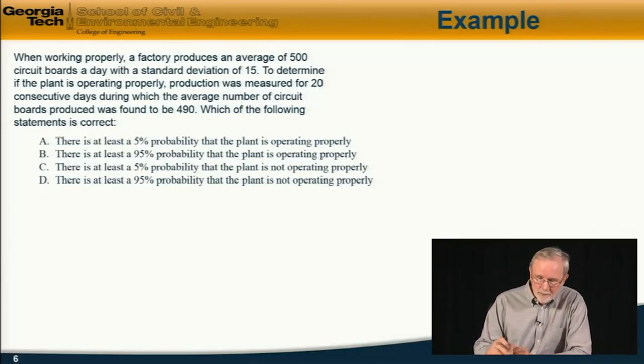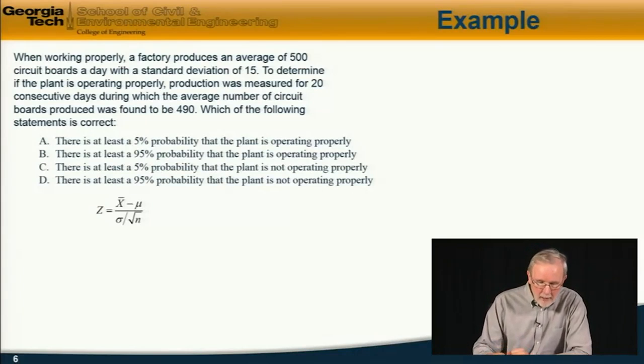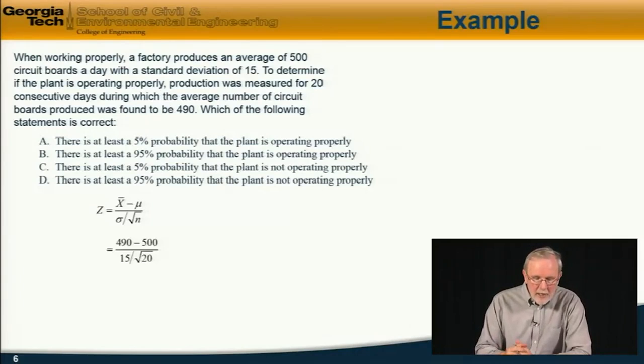To find out, we compute our normalized variable z, which is x bar minus mu divided by sigma divided by square root of n. In this case, x bar, the average number of circuit boards produced during this particular period, is 490.